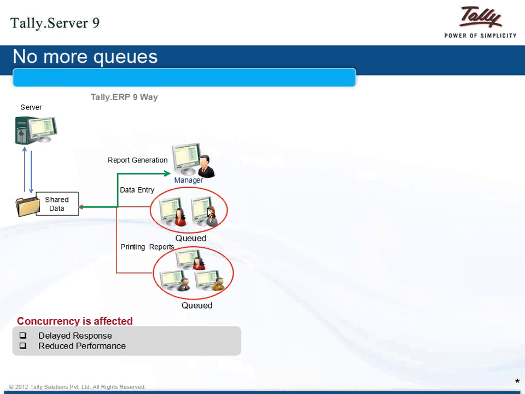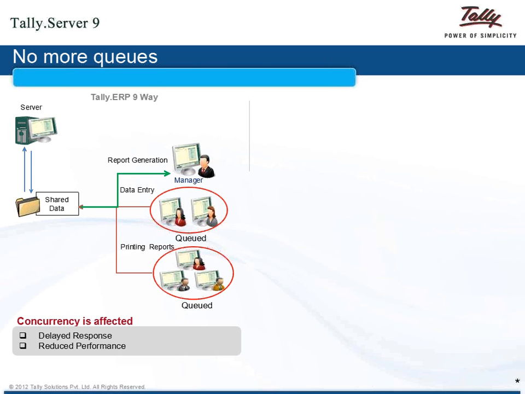Say, like printing reports. The concurrency is affected here with delayed response, which in turn reduces the performance. This is in the case of a shared environment and a single thread application.